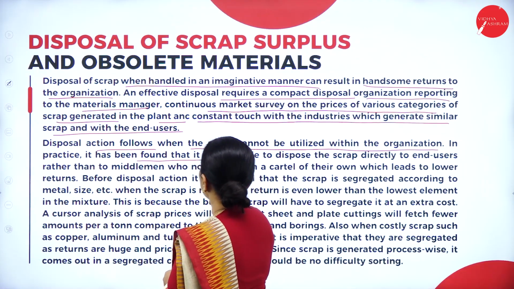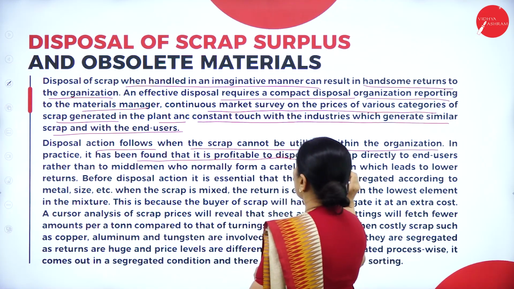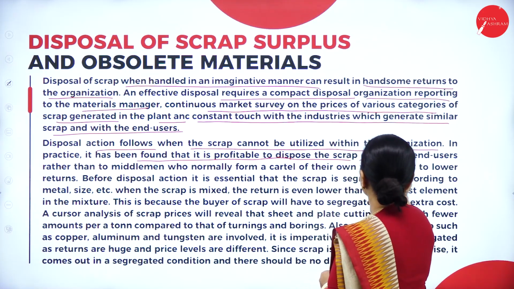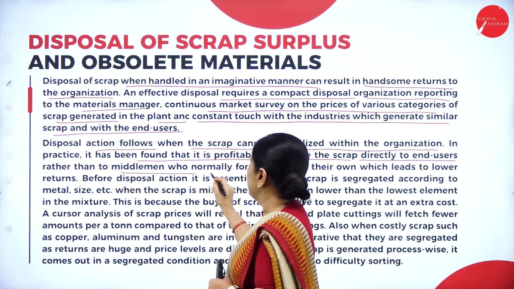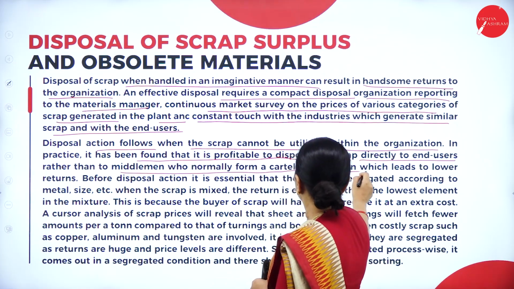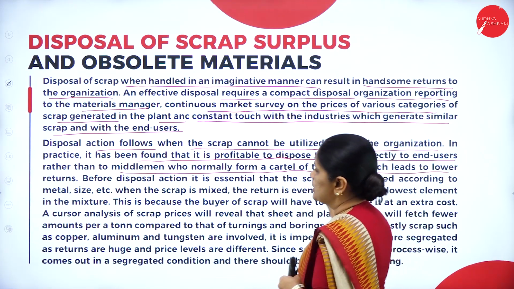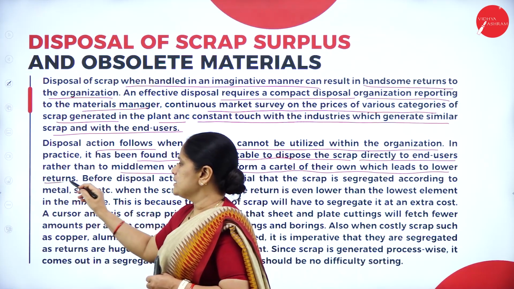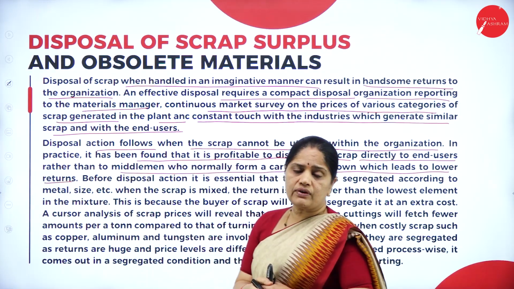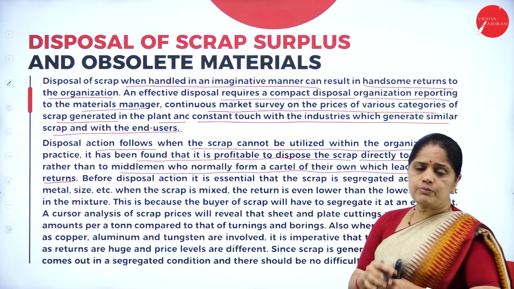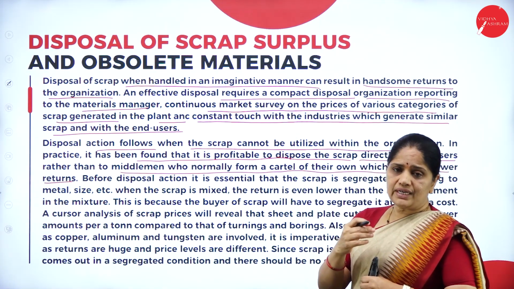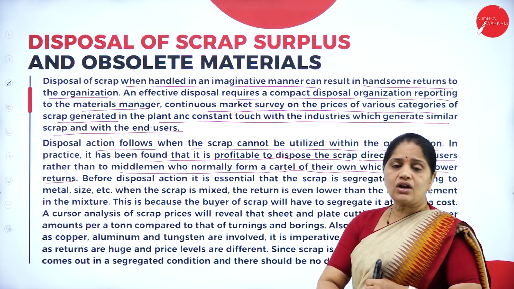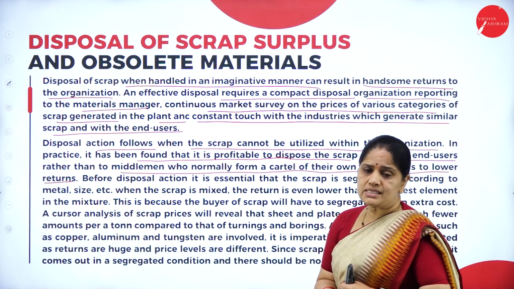In practice, it has been found that it is profitable to dispose the scrap directly to the end users rather than to middlemen who normally form a cartel of their own, which leads to lower returns. So when do you dispose of the waste? The disposal of the waste will be done only when the items coming out as waste cannot be used by the same organization.